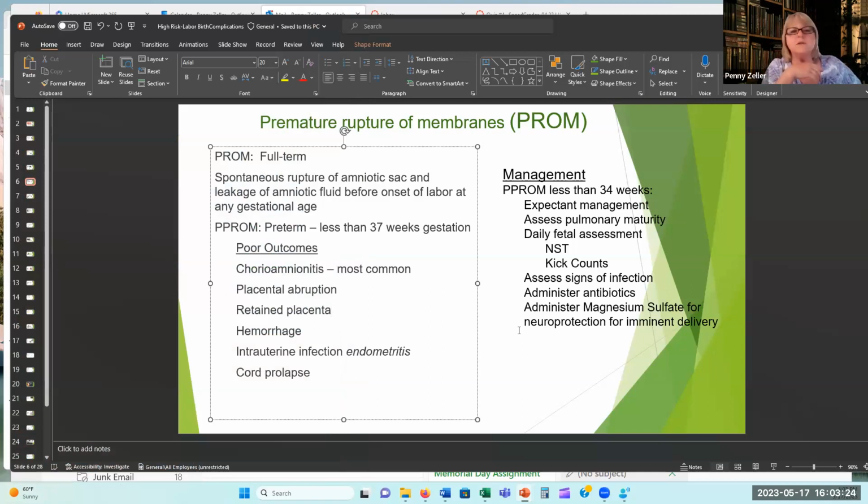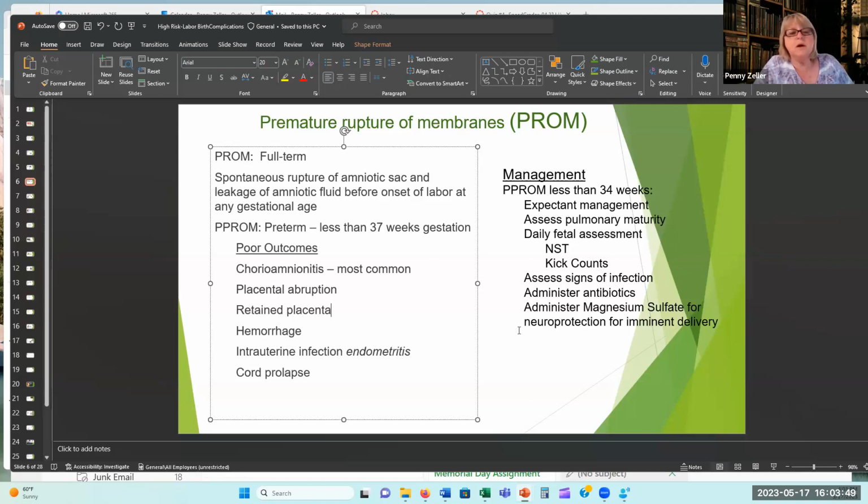This is a premature rupture of the membranes. If we have preterm premature rupture, so our baby's preterm and the fluids are leaking, if there's no sign of infection, we want to postpone delivery as long as possible. So we do expectant management.